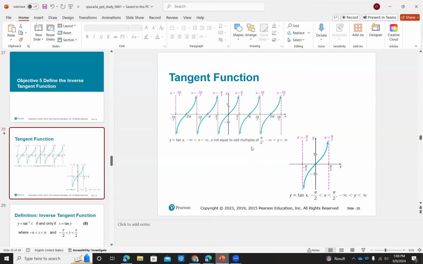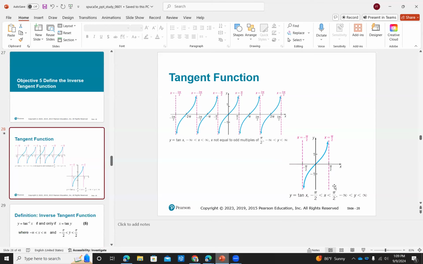Therefore, your domain has some restrictions, but your range this time is from negative infinity to positive infinity for the tangent function. Again, you only take the unique y values of one period of the tangent function.